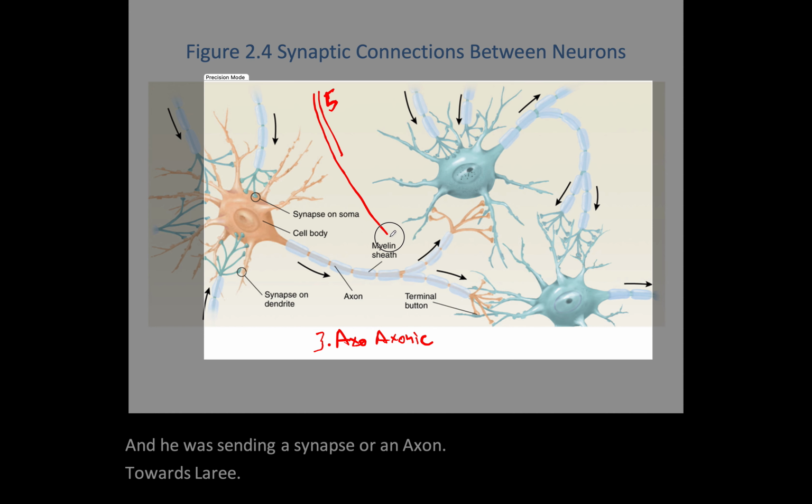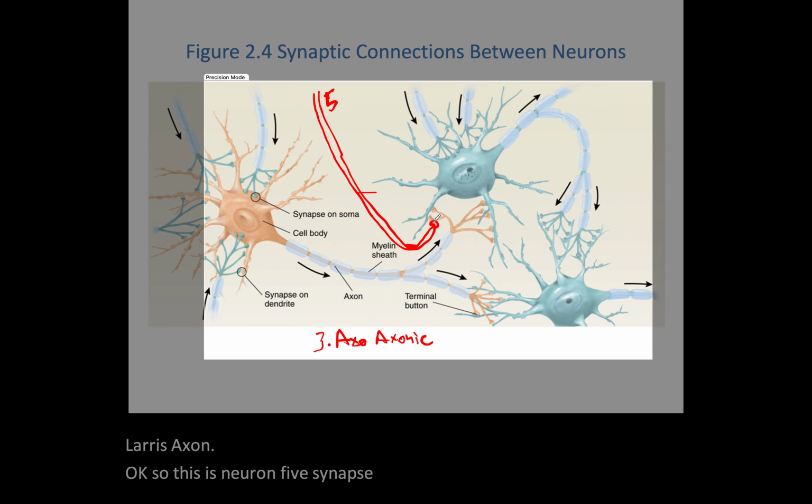This axon would go sneak in here and synapse with Larry's axon. Okay, so this is neuron 5 synapsing with Larry's axon. So it's an axo-axonic.